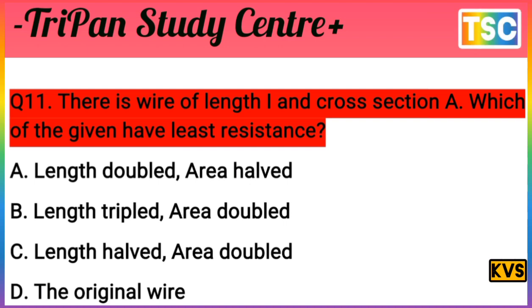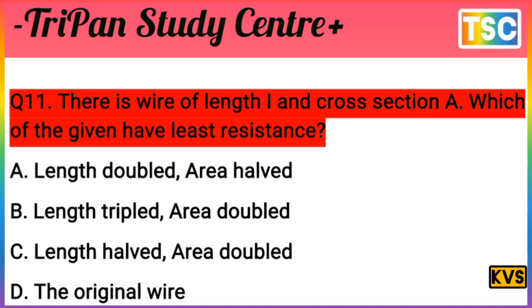Option A, length doubled, area halved. That's not the right answer for this question. Option B, length is tripled, area is doubled. This is not correct either. Option C, length is halved and area is doubled.